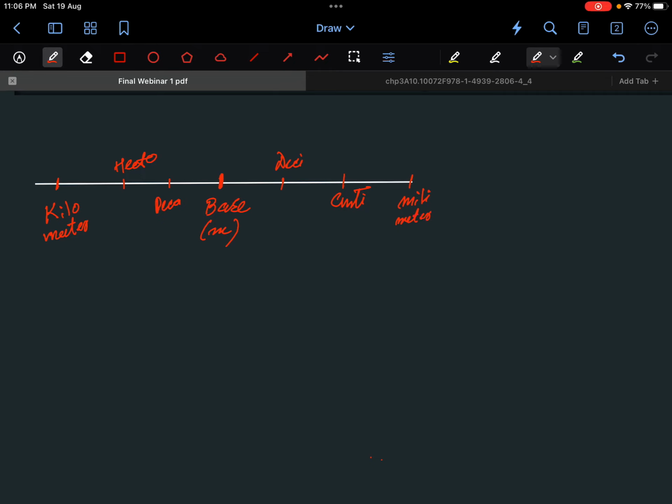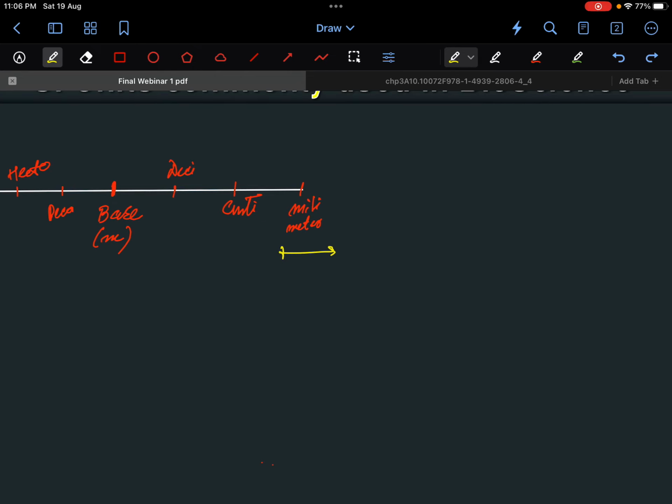right? We know this. But the thing is that in biology, for any cellular components and everything, the measurement starts after millimeter. Okay, so we need to know about the millimeter or the micrometer or nanometer. So I will start with that only. So what is the relationship between millimeter and the base unit, that is meter?